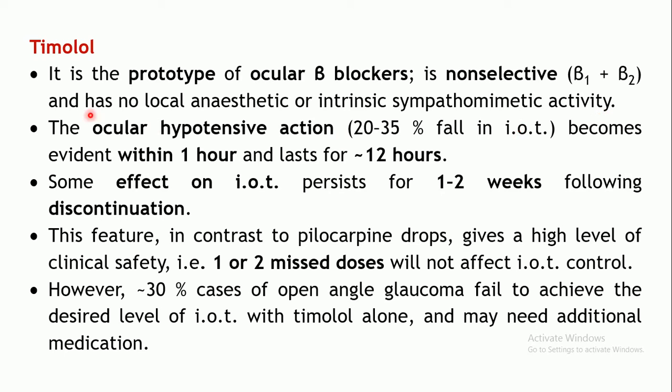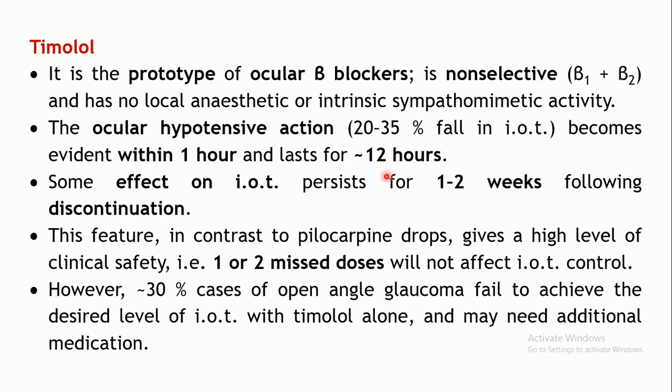Now this particular drug timolol reduces the intraocular tension by 20 to 35%. This ocular hypotensive action starts within 1 hour and lasts for 12 hours, so its duration of action is 12 hours.